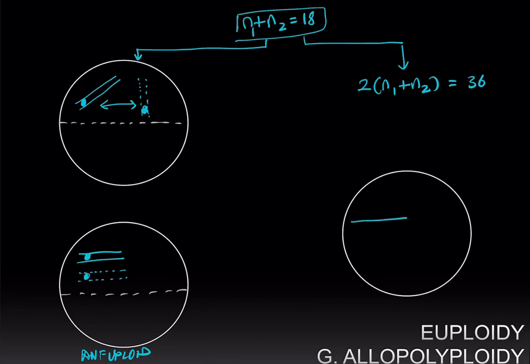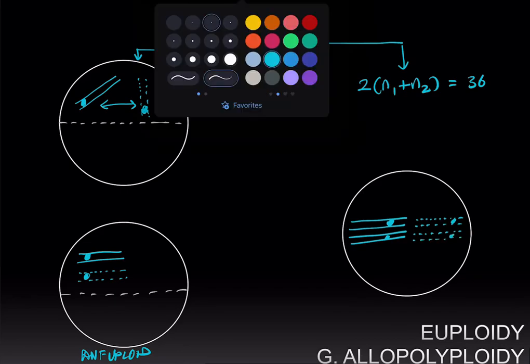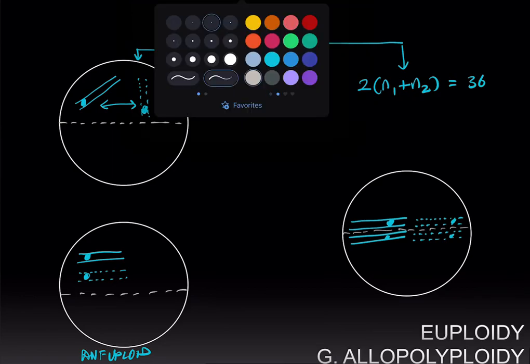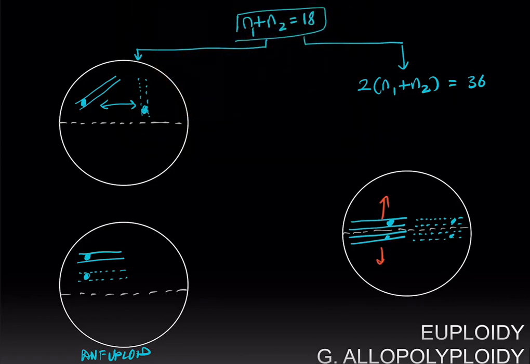For example, you would have the 2 Brassica chromosomes synapsing, and you could also have the 2 Raphanus chromosomes synapsing, and these would now segregate reliably, ensuring that the gamete will have n1 plus n2 equals 18.